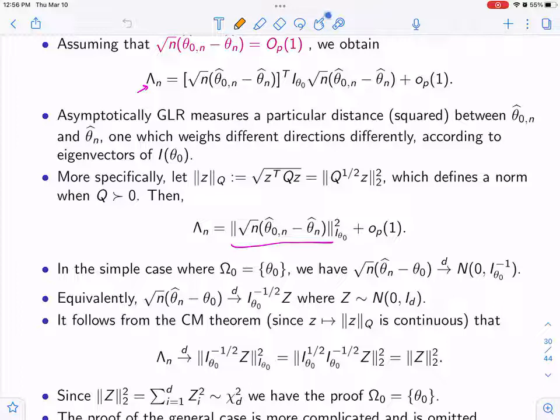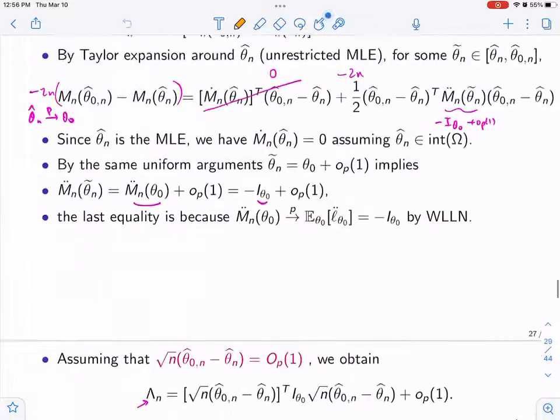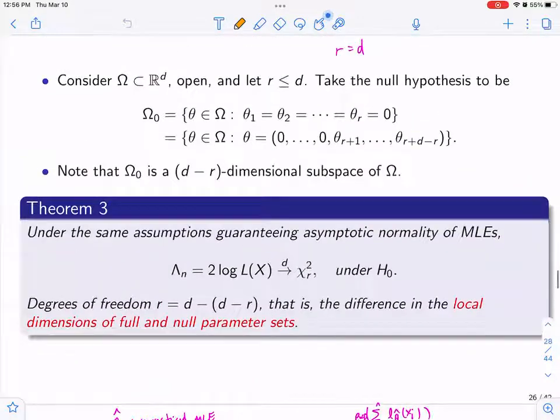So this converges to a chi-square distribution with d degrees of freedom, because omega naught here is 0-dimensional. You can think of this as the special case where theta 1 up to theta d are all zeros. It's just the origin.